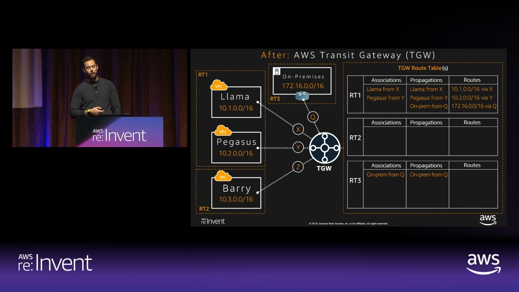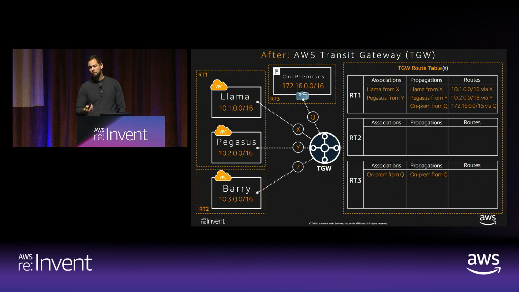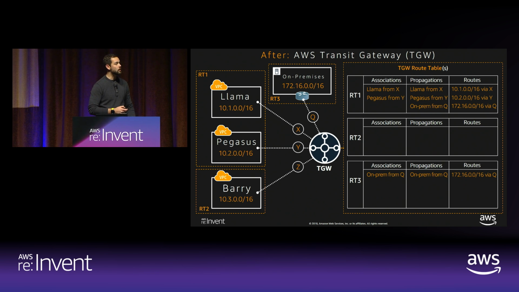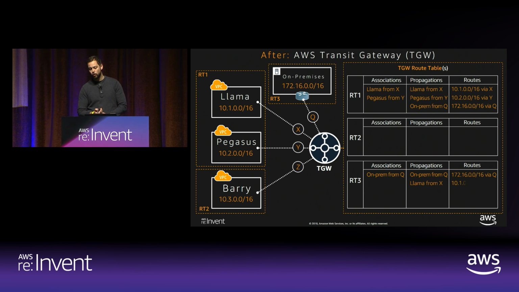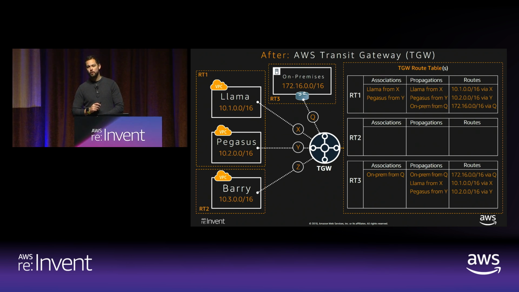On-premises is actually associated with route table 3 in this case, and we're propagating, so it's got that on-premises route, the 172.16 CIDR as well. We're also installing Llama from X. So we're installing the route to go to Llama. We're installing Pegasus from Y. You'll notice Llama and Pegasus can now talk to the on-premises even though they're in separate route tables because we are propagating those routes.